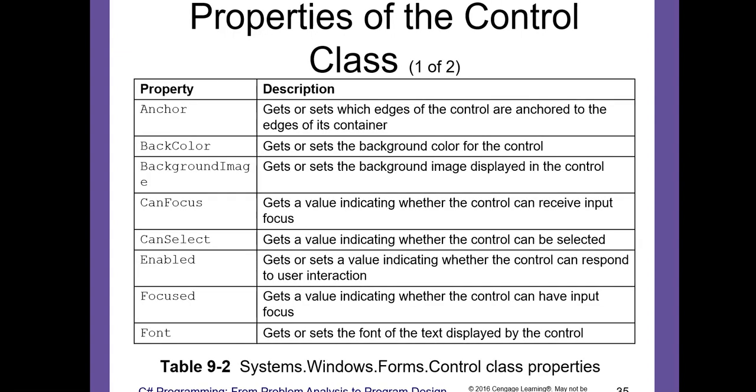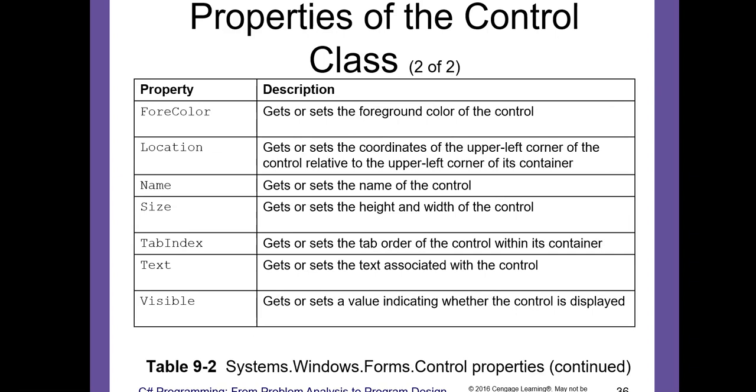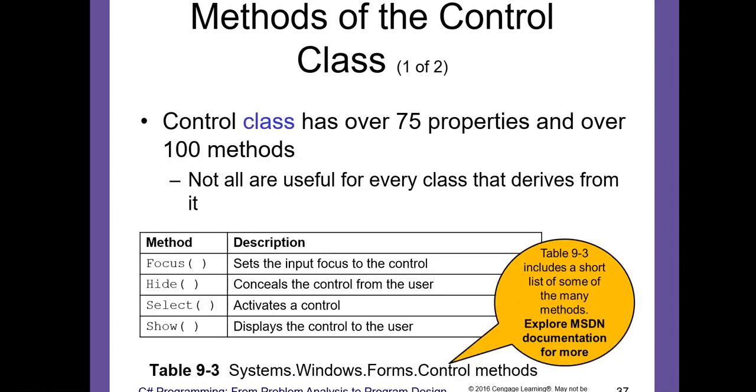Also, there are some controller properties, and you can take a look at those. Focus, meaning when you have focus in the text box, what happens, for example. For color, location, name, size, it is the same as with the form, the same things with the controller. All those we can change.